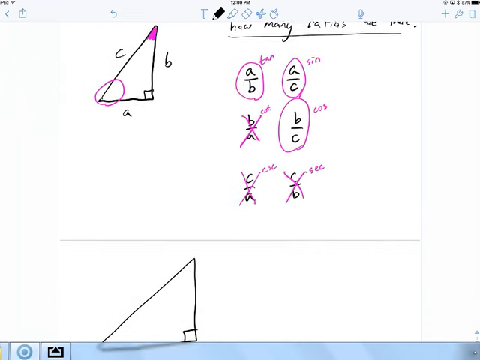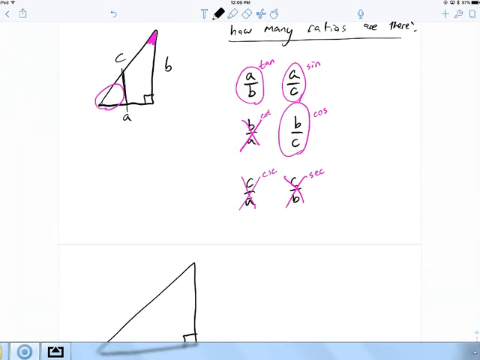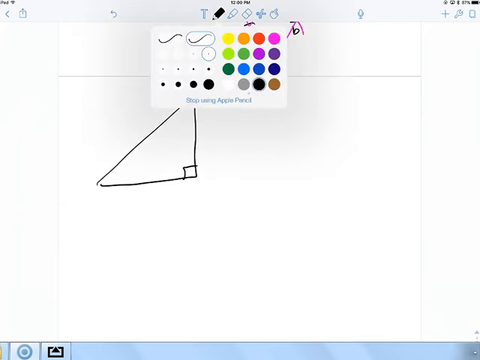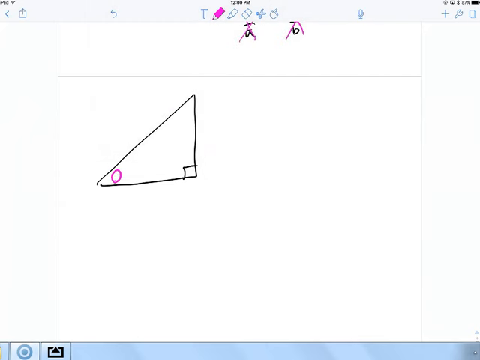Because this ratio of A over C is different from B over C, and I don't know which one I'm talking about unless I somehow signify, okay, I'm talking about the bottom leg or the opposite. So what we're going to do down here is we're going to say, okay, let's say we're talking about this angle theta. Now, theta is just a generic variable.